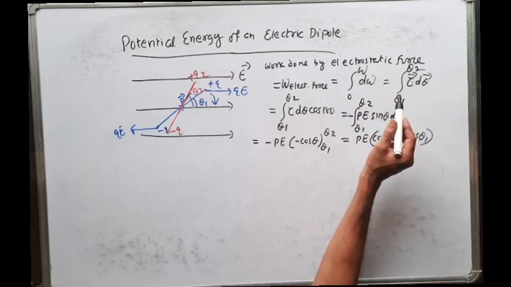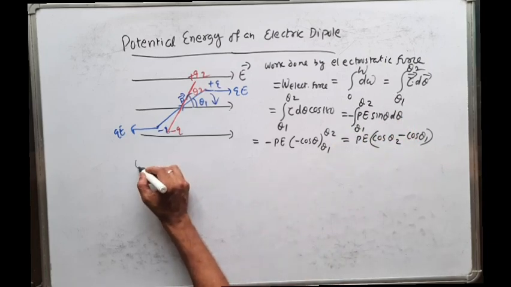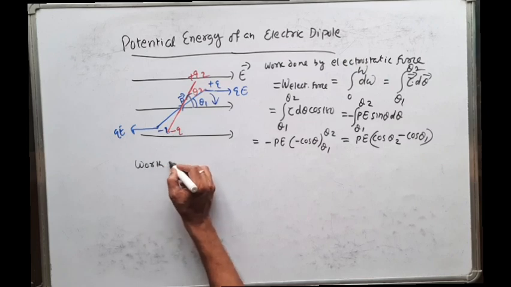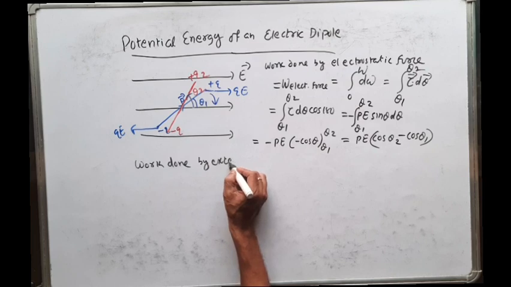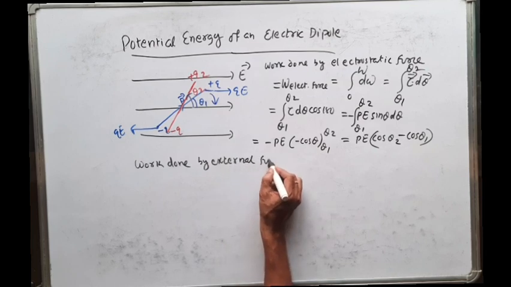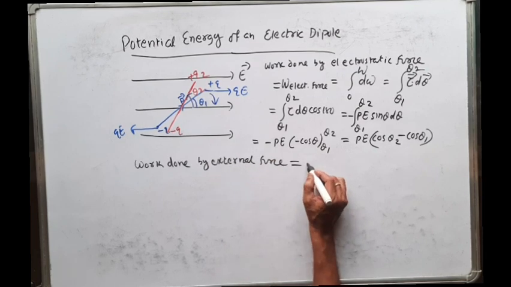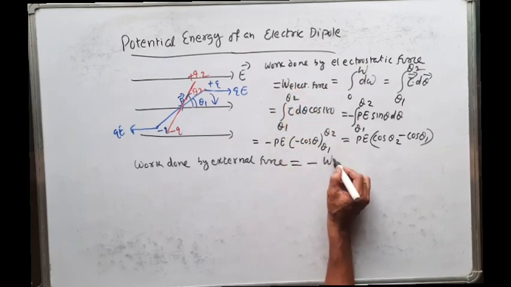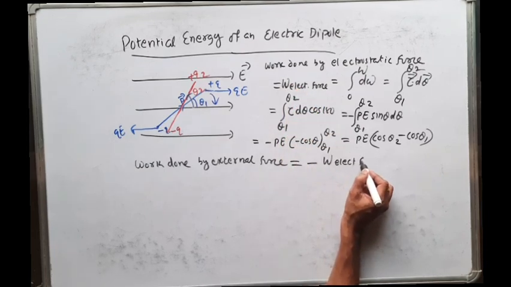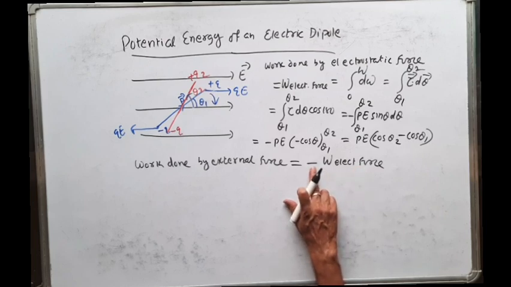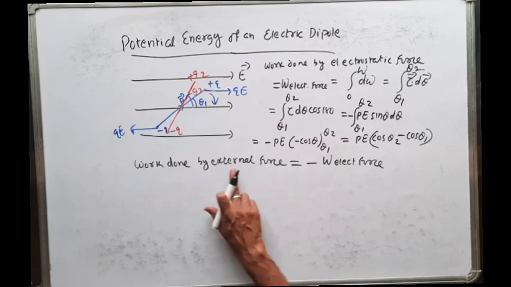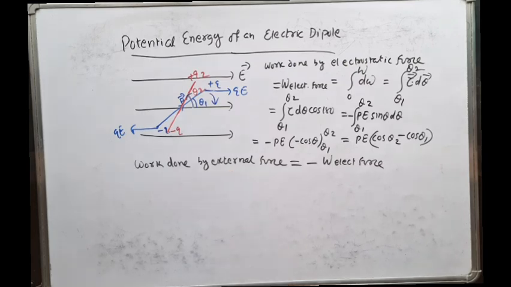Then what is the work done by the external agent? Work done by the external agent or external force is equal to the negative of the work done by the electrostatic force. Just like the work done by the gravitational force is the negative of the work done by the external agent, as we have discussed in the mechanics chapter.